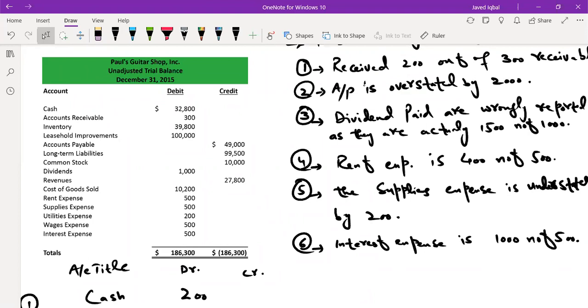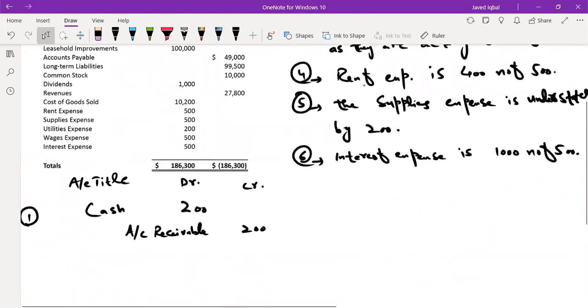Then account payable is overstated by 2000. So we have jumped to the second transaction, which states that account payable is overstated by 2000. That also means that this 49,000 shown in accounts payable is overstated by 2000. It means it should have been 47,000, but in actual it is showing 49,000. So what could be the entry?